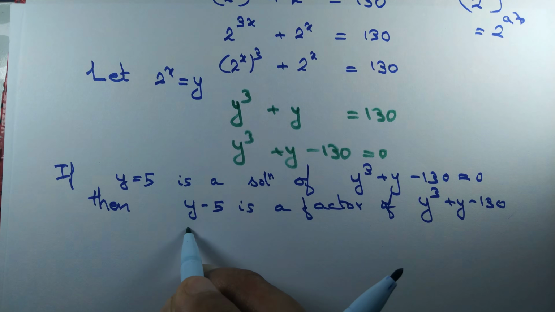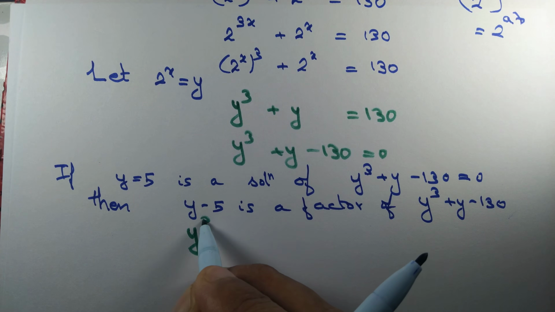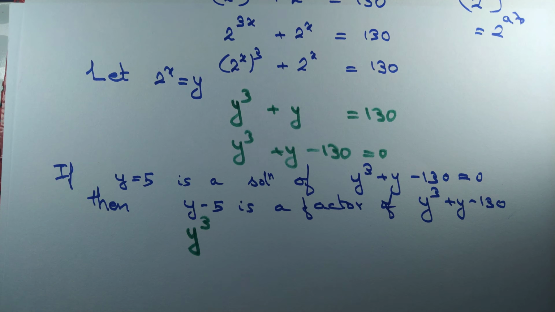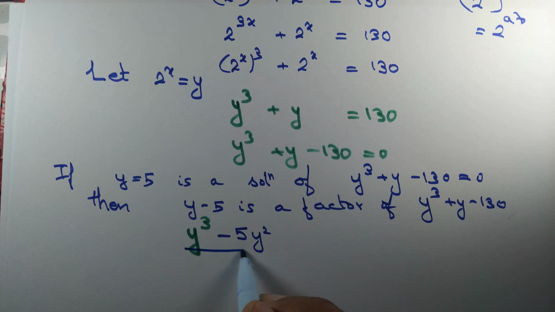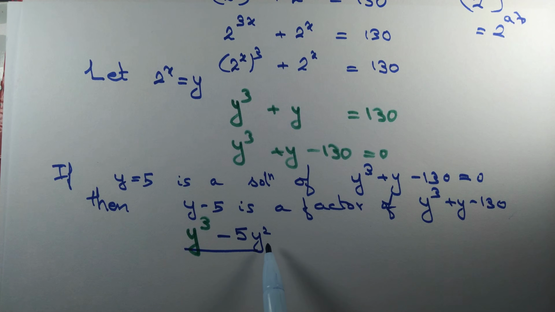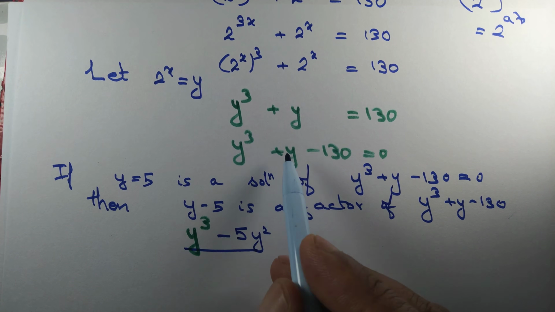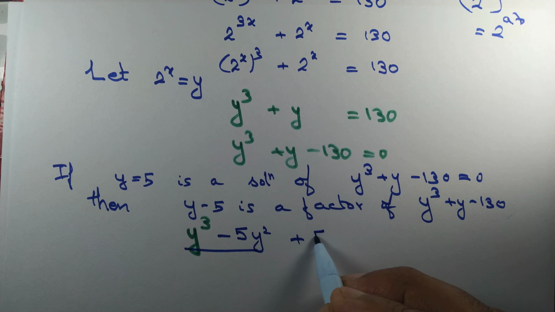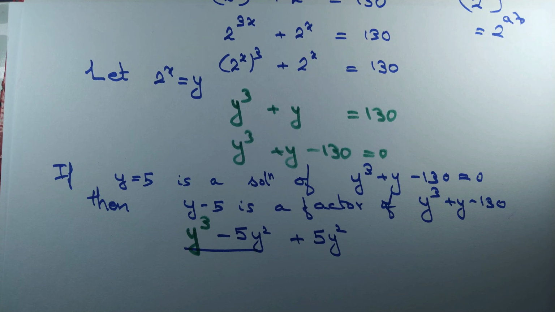Since we know that y minus 5 is a factor, we just write y cube as it is, minus 5 into y square. You see that we can take y minus 5 as a factor. But when I write minus 5 y square, I have to adjust it, make it equal. So we just add 5 y square. They are equal, yes.